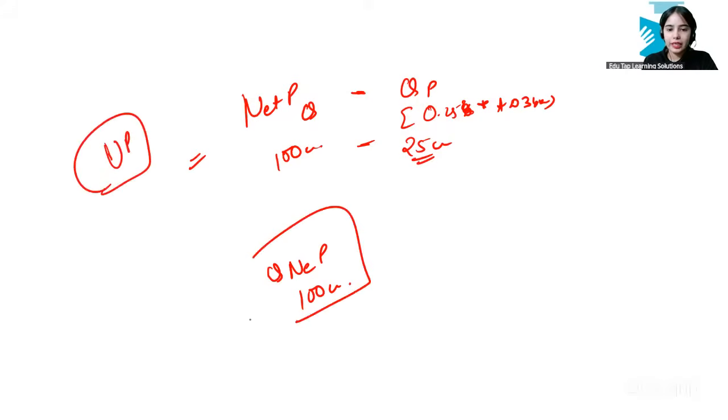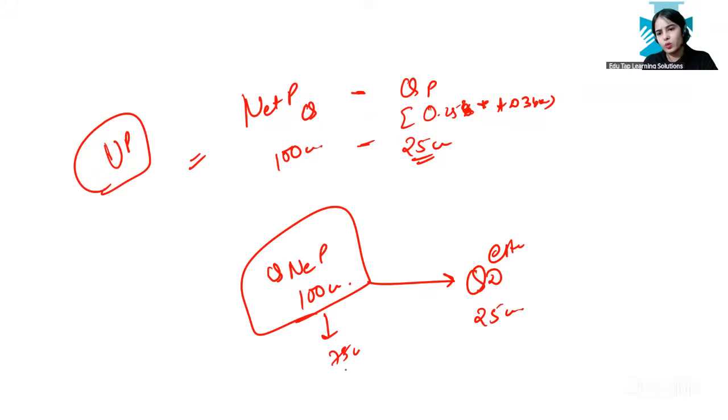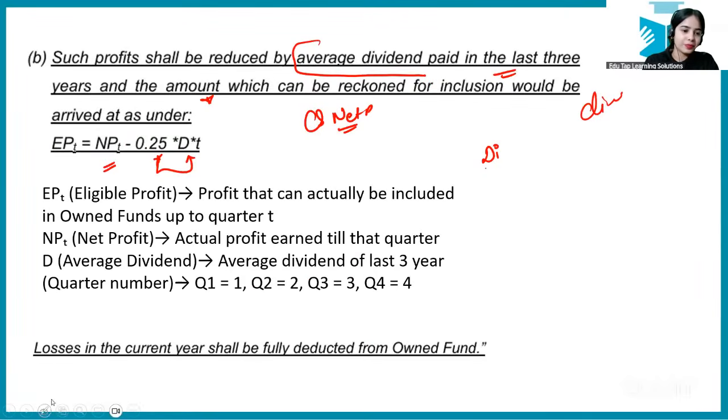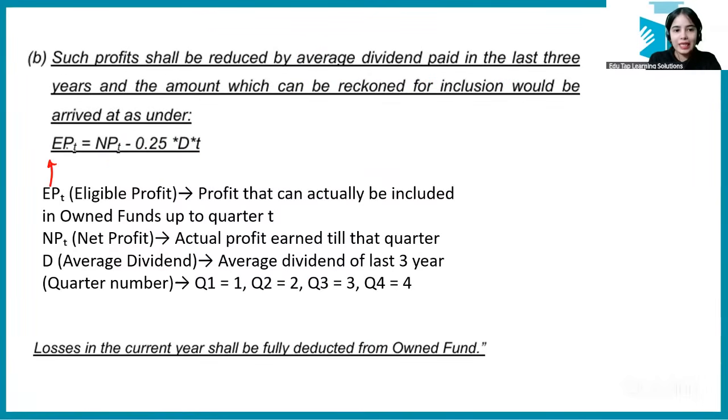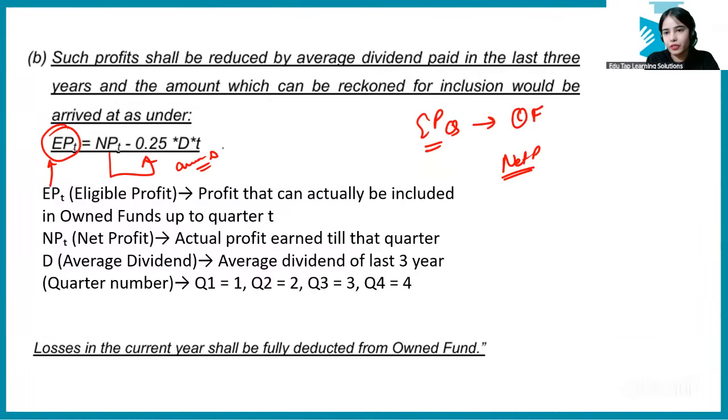From this quarterly net profit, we have given the estimated quarterly dividend of 25 crores. So what is left? 75 crores is left. This is the whole thing that is given in the formula. So the eligible profit from the quarter that can be added in the owned fund is the net profit deducted by the average of the dividend in the past 3 years taken for the quarter. Any confusion here?